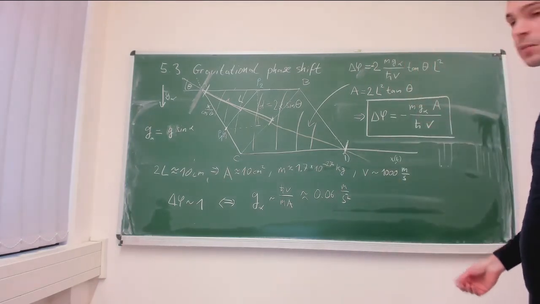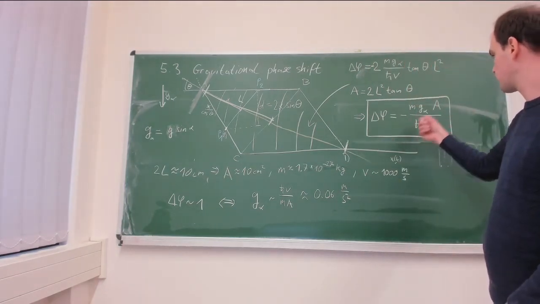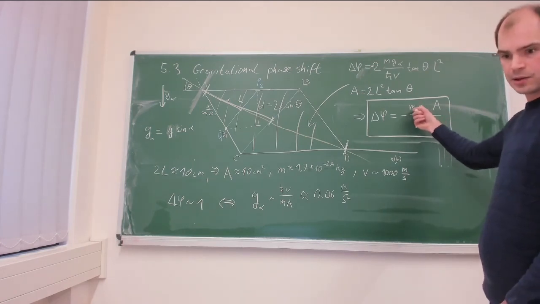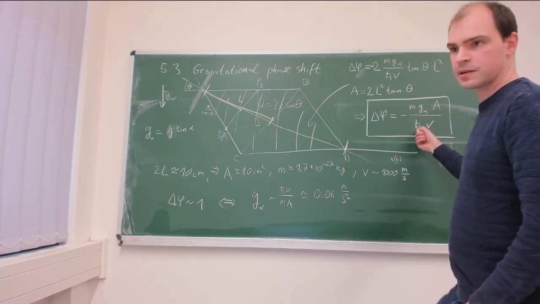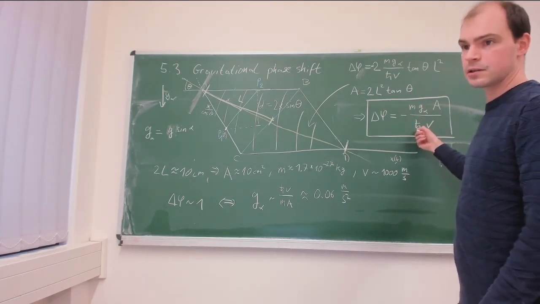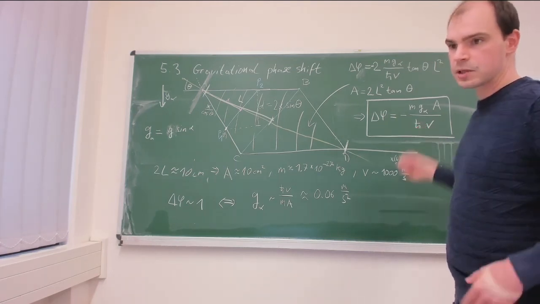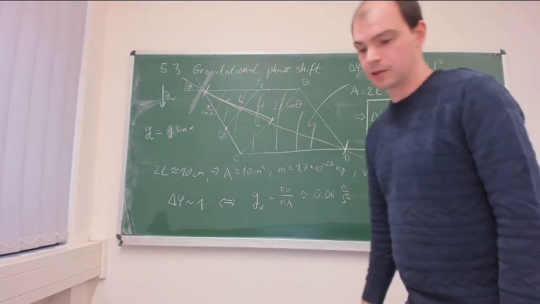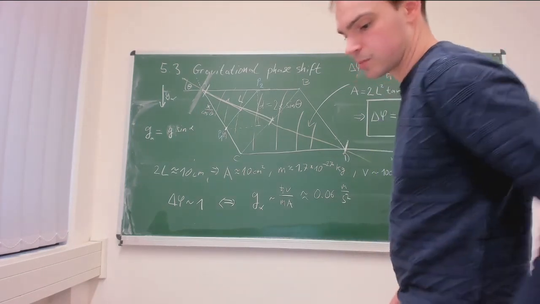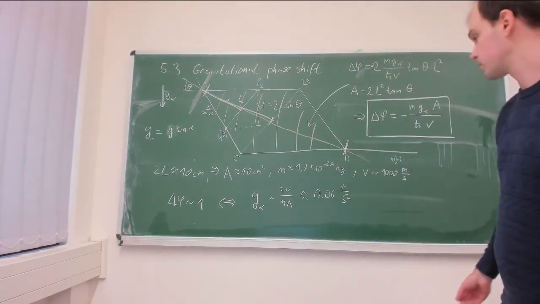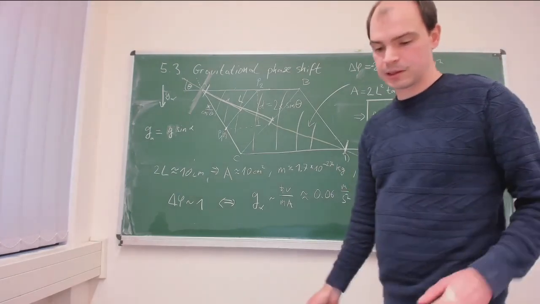And the reason is that although this mass here is tiny, you also have this tiny factor of h bar in the denominator here. So this h bar in the denominator gives you a huge increase of the effect and makes it possible to observe this phase shift in this scenario.